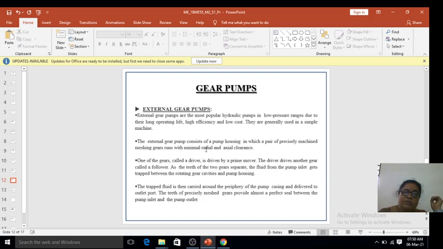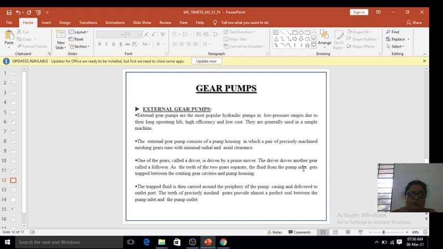The external gear pumps consist of a pump housing in which a pair of precisely machined meshing gears runs with minimal radial and axial clearances. One of the gears we call the driver gear, the other one is the driven gear. The driver gear drives the driven gear, also called the follower. As the teeth of the two gears separate, the fluid from the pump inlet gets trapped between the rotating gear cavities and the pump housing.